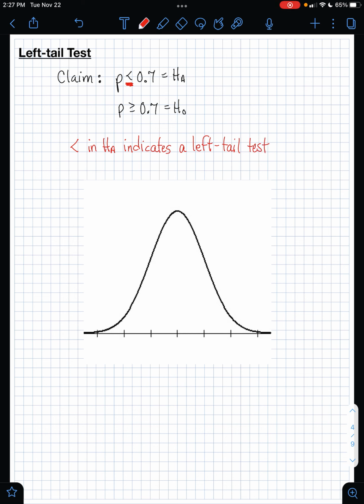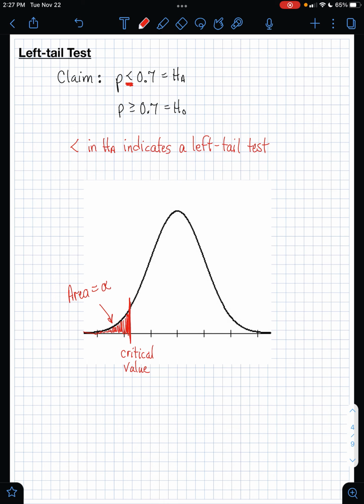What that means is that somewhere out to the left side here, there is a critical value, a familiar term, again, from the confidence intervals chapter. And what we've got is a tail here, the area of which is equal to the value of alpha.